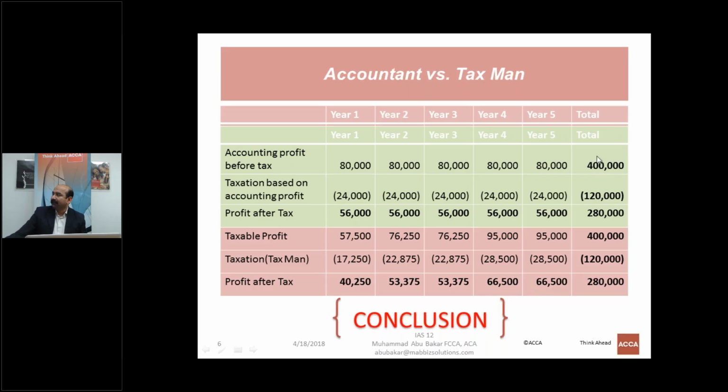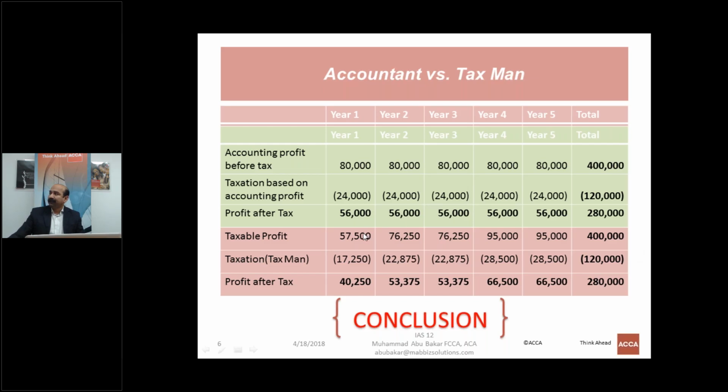But if we see the total column, the cumulative effect, we will find that in total, over the life of this asset, the taxation effect is the same as per accountant and as per the tax person. And likewise, profit after tax obviously will become the same.